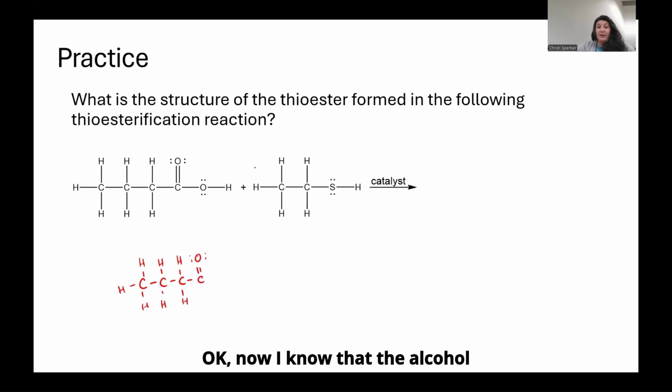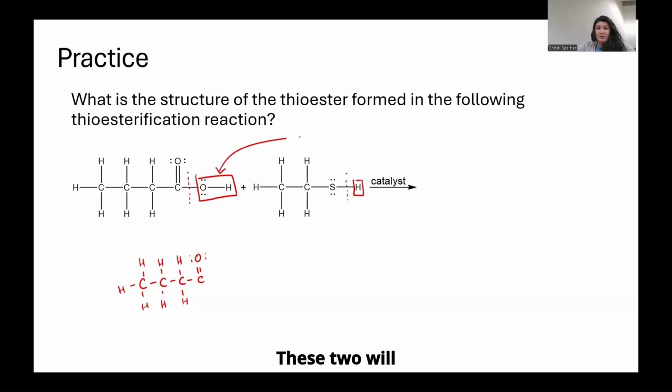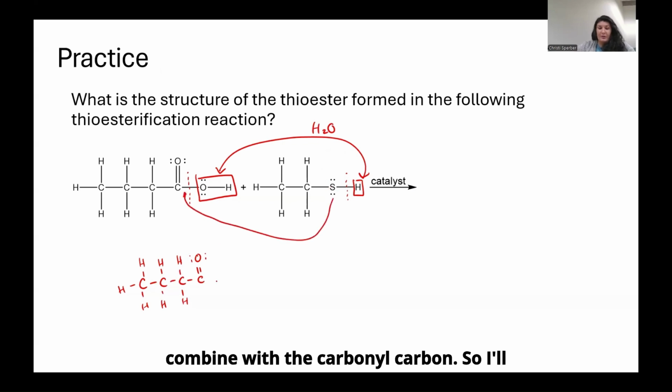Now I know that the OH bond to the carbonyl carbon breaks, and the hydrogen bonded to the heteroatom, the sulfur, breaks. These two will combine to form water, and this sulfur will combine with the carbonyl carbon.